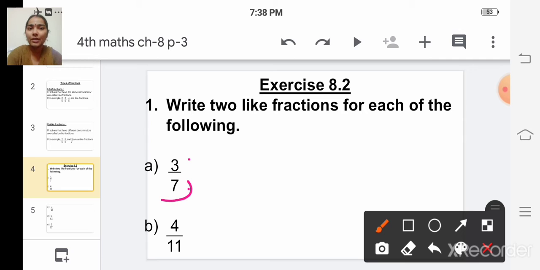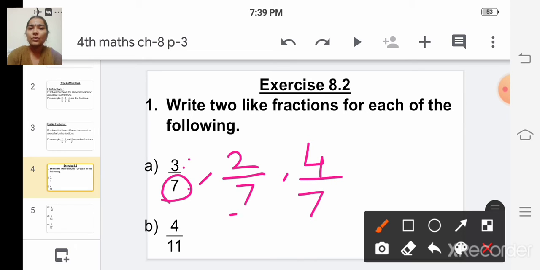So denominator should be 7, and we can change the numerator. So we can write 2 by 7 and 4 by 7. These are the two like fractions for 3 by 7.